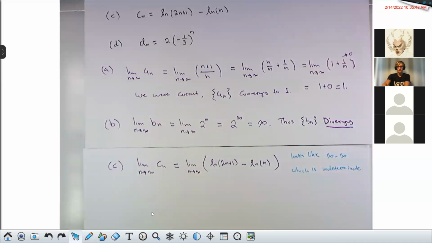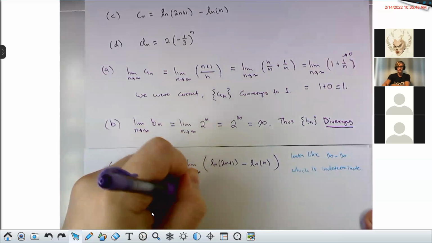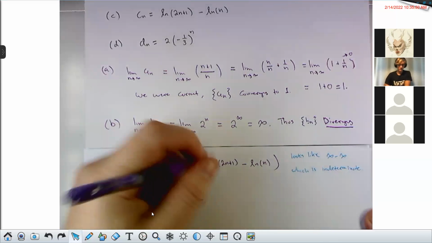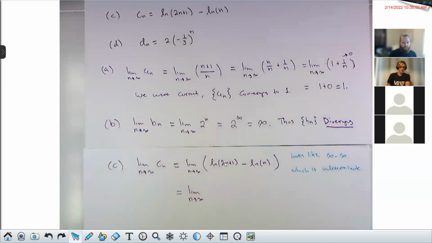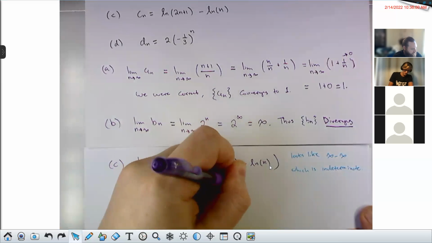And then you separate the fractions to 2n over n plus 1 over n. That's exactly what I'm thinking. Yeah. So we have a rule for logarithms that says, log of one number minus log of another number is the single logarithm with the ratio inside.